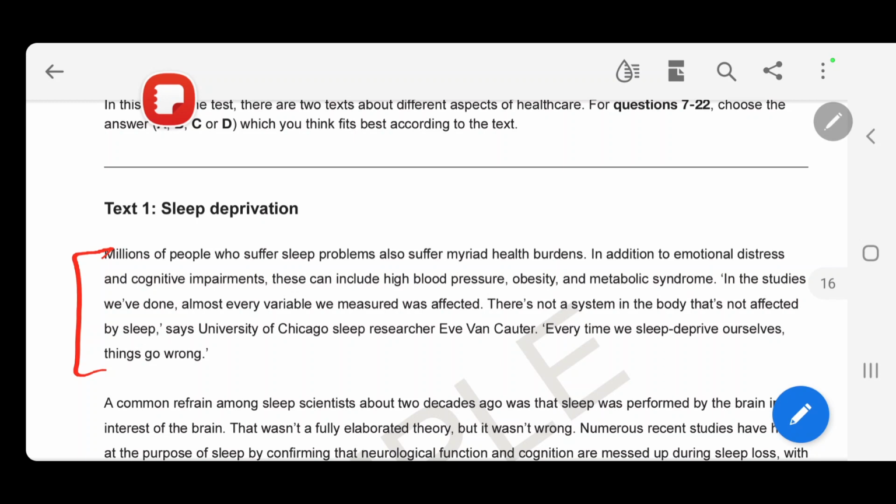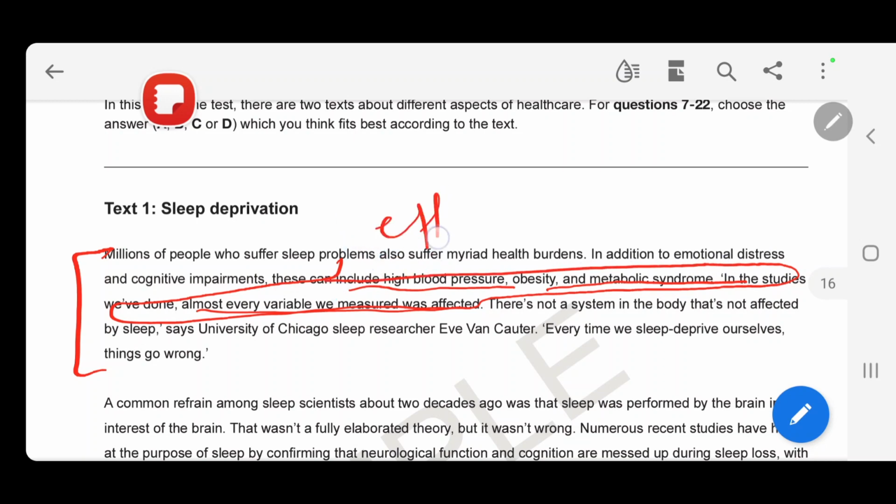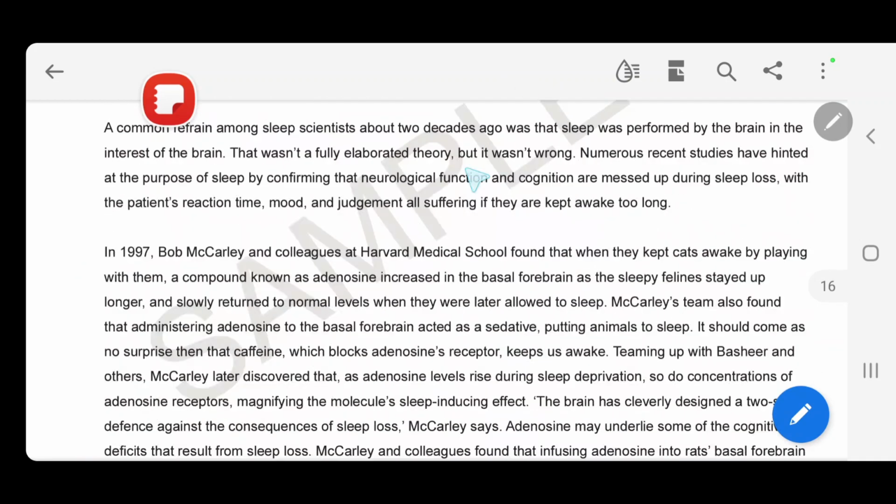In addition to emotional distress and cognitive impairment, these can include high blood pressure, obesity, metabolic syndrome. So basically, these are the effects or the impacts of sleep deprivation.